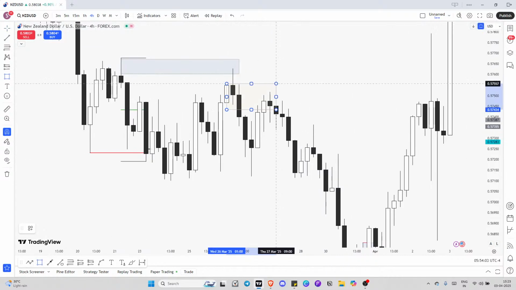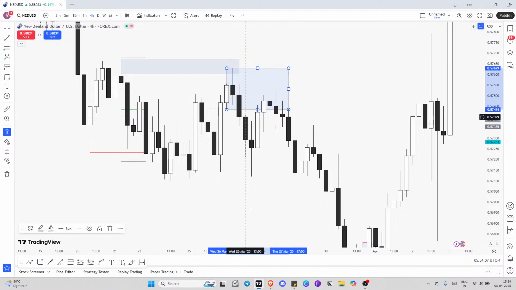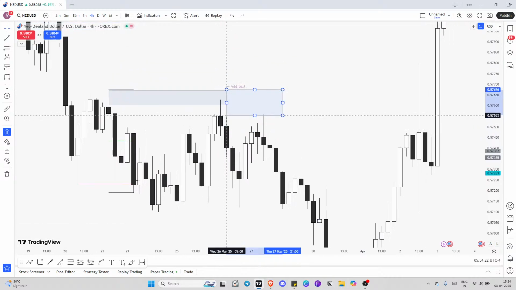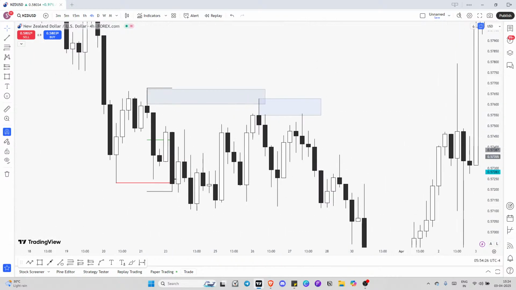Next will be this again, last up candle before we move down and back here. One manipulation came back to the rejection block. So this is the rejection block, right? So here you take the trade.